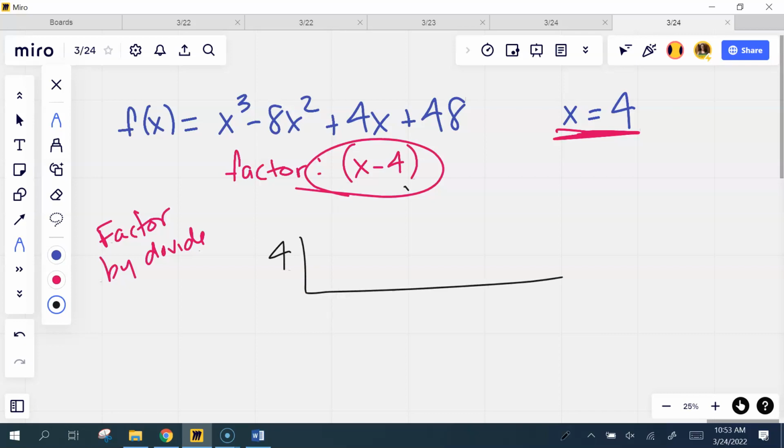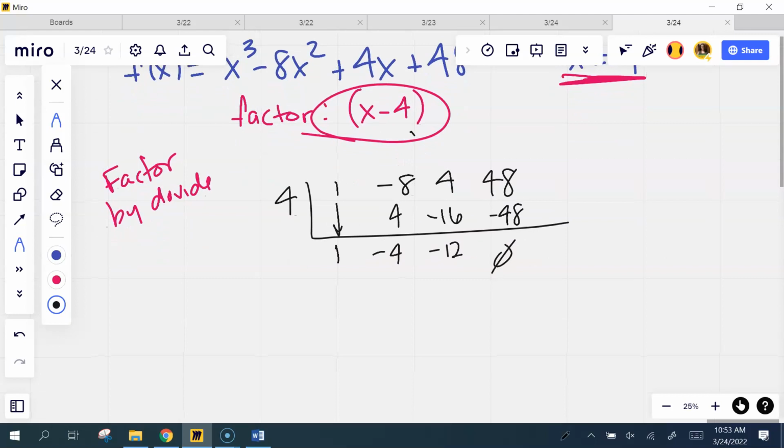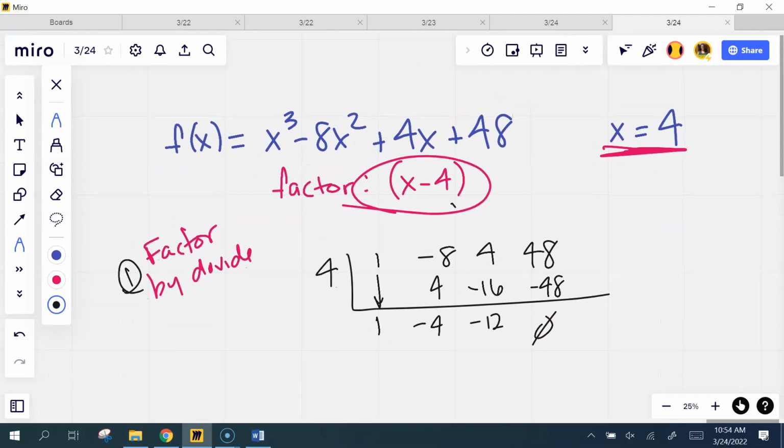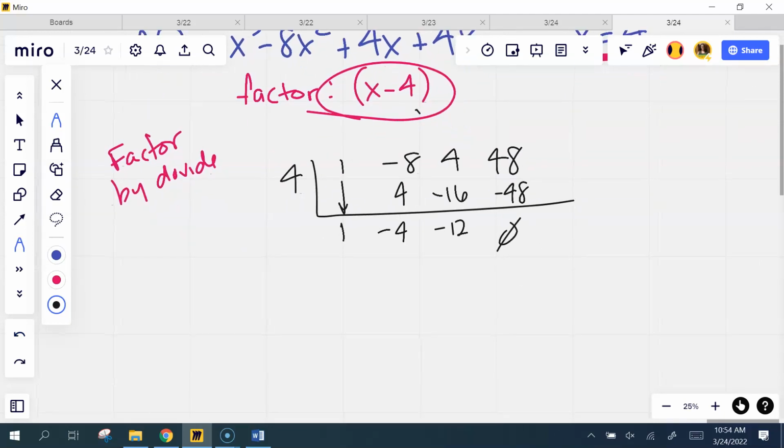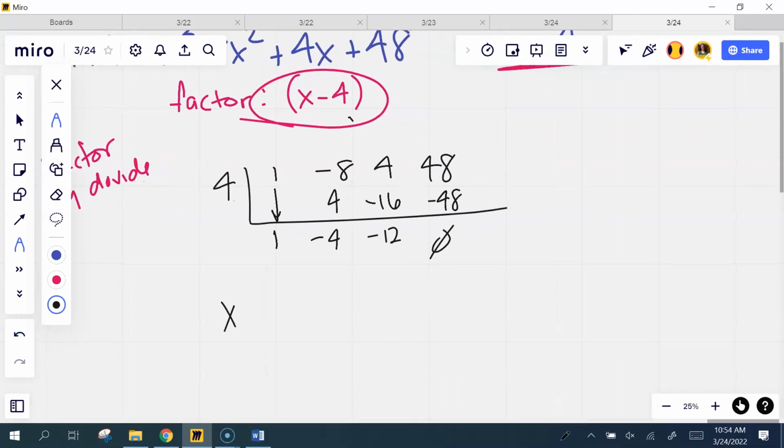So I'm going to put a 4 outside. 1, negative 8, 4, and 48. 4, negative 4, negative 16, negative 12, negative 48. So I factored by dividing. I've already got steps for you over there. So factored, this looks like x minus 4 times x squared minus 4x minus 12.